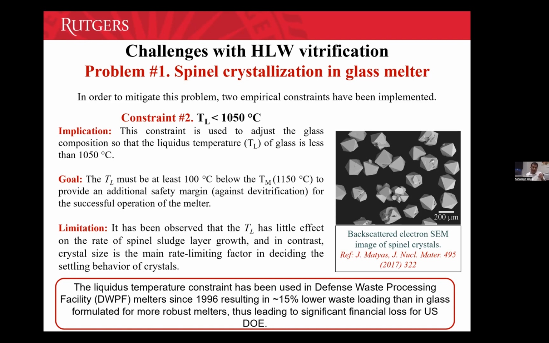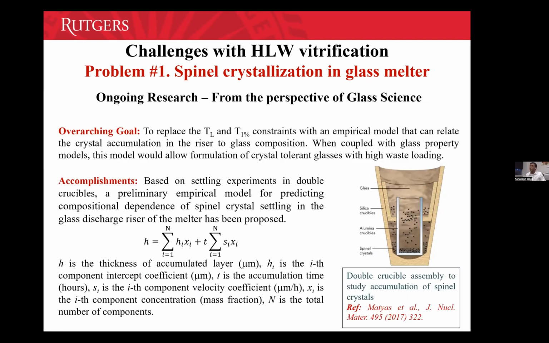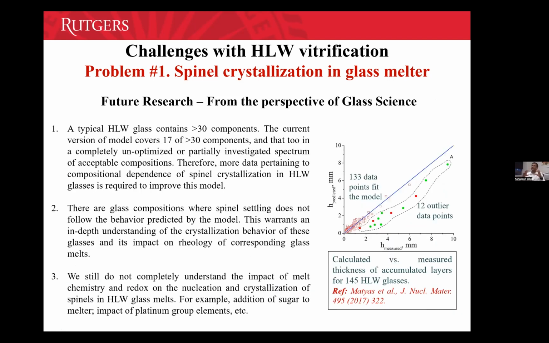So now I hope you can imagine that these two constraints are limiting our ability to produce glasses. So the goal over here is how we can replace these two empirical constraints with something more scientific, something more rigorous. That's where scientists like us come in, where we work on these compositions.